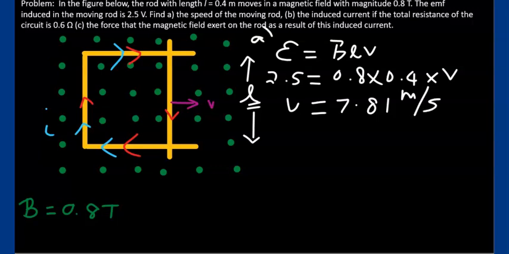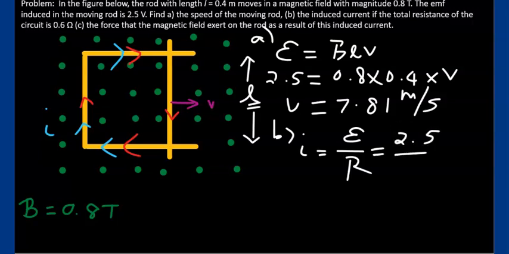So that is part A. Now let's look at part B. We want to determine the induced current, and that can be determined from Ohm's law, EMF over the resistance in the circuit. If the EMF is 2.5, that's given, the resistance is 0.6 ohms, you see the current turns out to be 4.17 amperes.